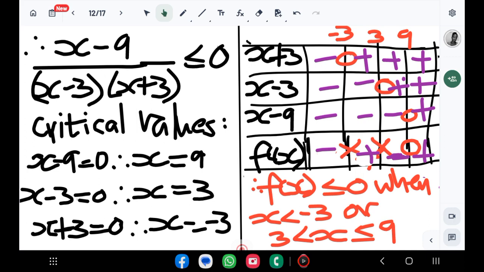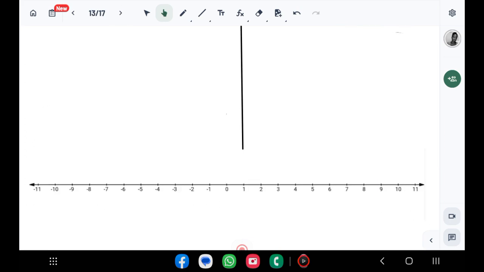Now, how do you present that on a number line? So you've got 3 critical values, negative 3, 3, and 9. The only one that we include is 9. That's where we're going to have a solid dot.